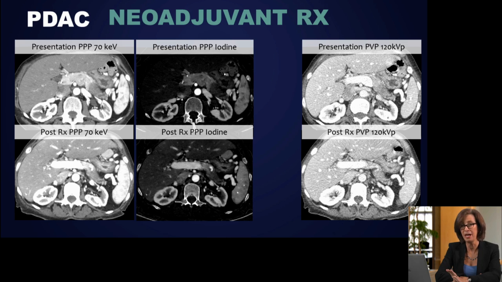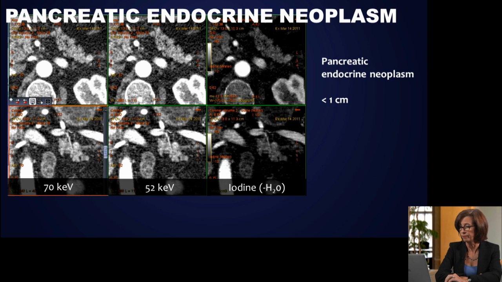It got smaller, yes, but when you're looking for the margins, I would argue that on the image on the lower right, you cannot see the margins of that tumor with the normal pancreas now. On the images on the left, the dual energy images, you at least have a chance of understanding where the tumor ends and where the normal pancreas begins. And this is important for not only resection, but also if you're going to do local therapy like irreversible electroporation, or IRE, which we're using at our institution.